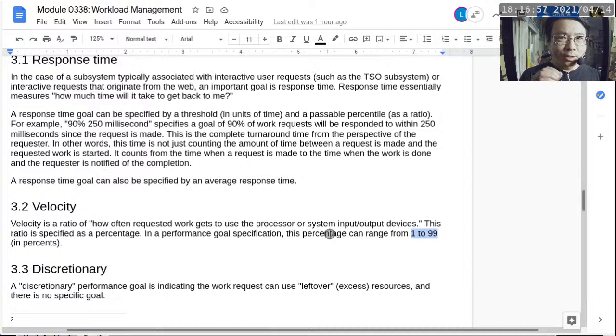When we use velocity to specify a performance goal, we really have to think about what else the system is supposed to be doing, the job that we want it to do, and how important the job is. So there's a lot of black art going into determining the velocity specification when we want to specify goal performance.